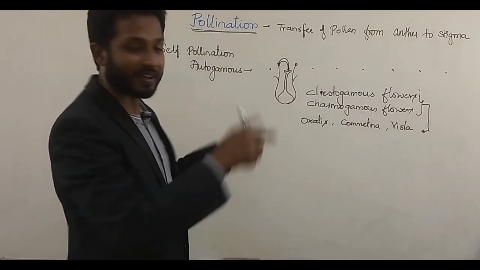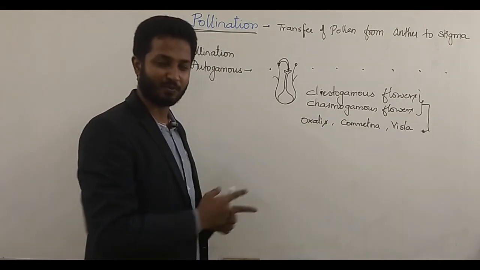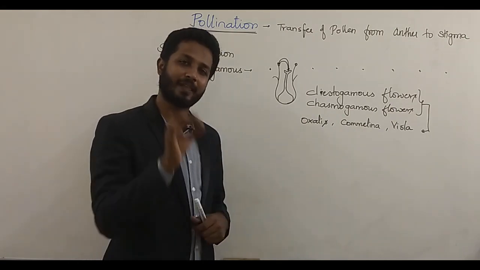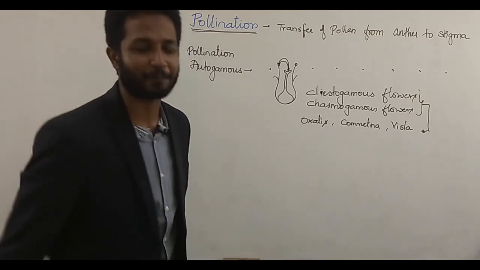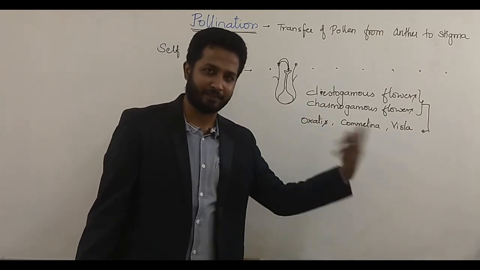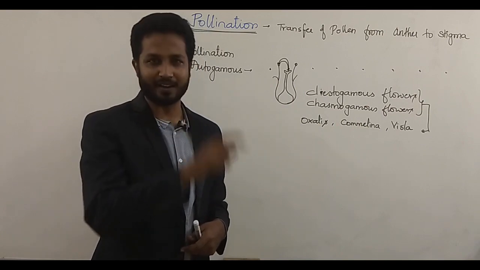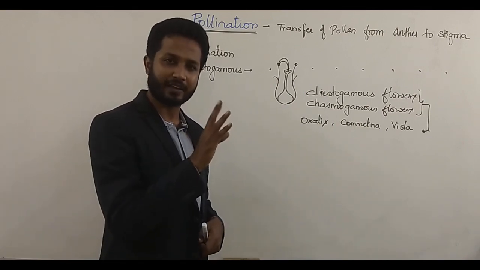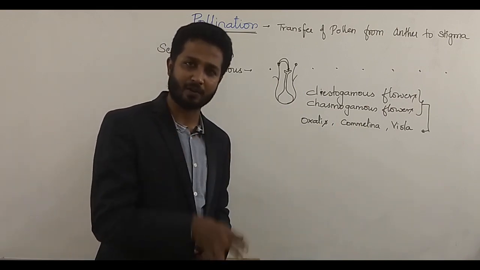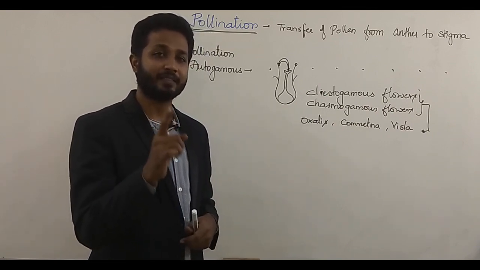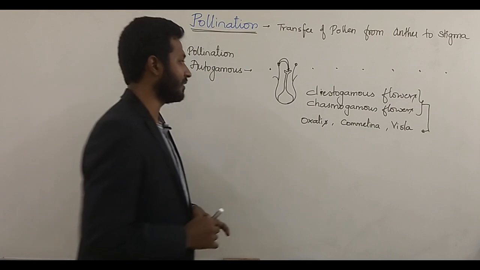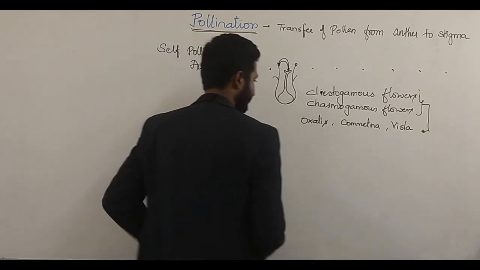Now, on the page where they have discussed chasmogamous and cleistogamous flowers, there is one chore statement or chore diagram which is hiding over there. You see on the left hand side of the page, there is one pink color flower. It can be a pink flower, a yellow flower, or a purple flower. But the family to which that flower belongs is Fabaceae.